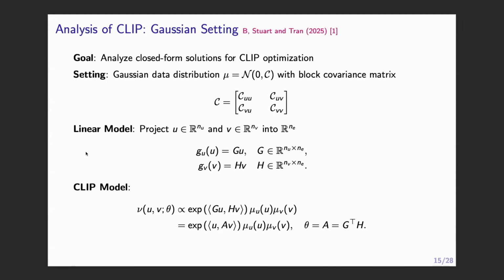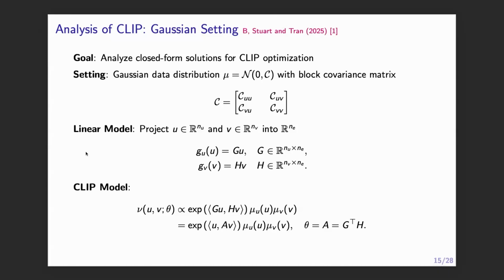And what we want to do is find these matrices G and H in order to learn a model nu that can approximate this joint distribution mu. If we write down this model nu, it again takes these marginal distributions of U and V and tries to learn the correlation through this tilting of the inner product between GU and HV, which in this particular case you can really just write as a quadratic form U A V, where A is the inner product of the G and H matrices defining the encoder.